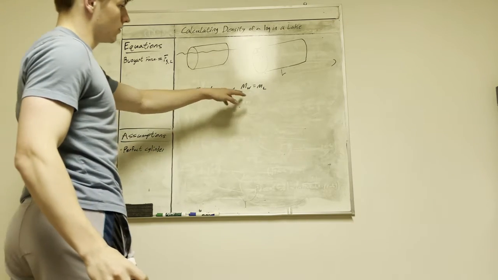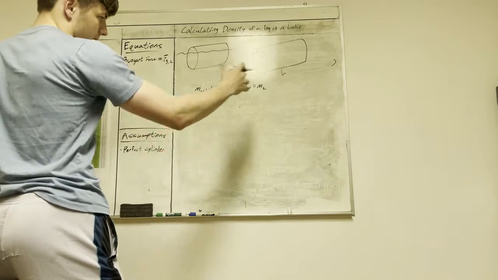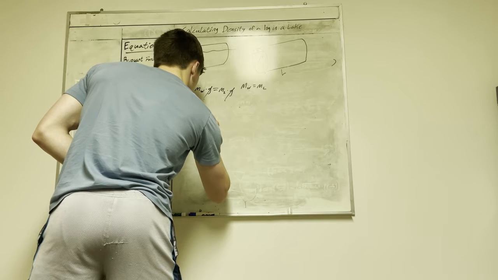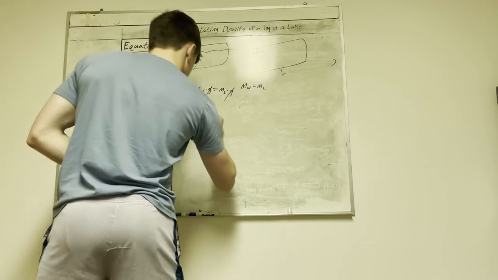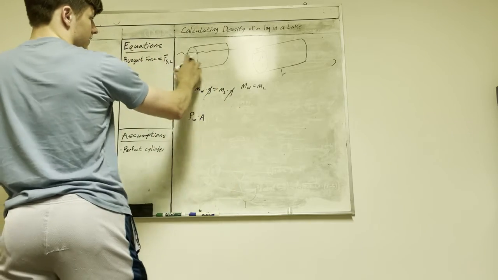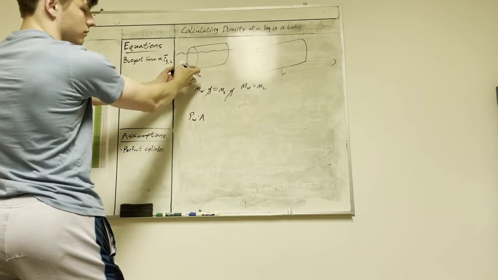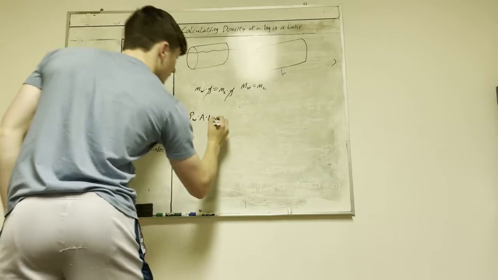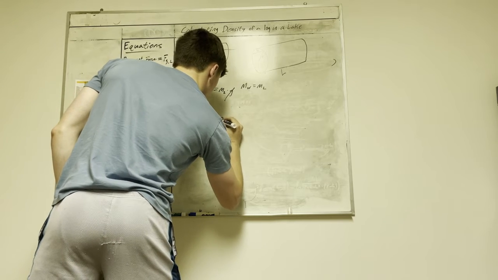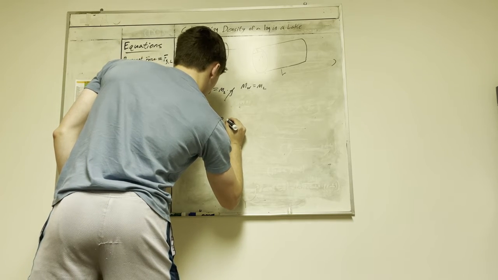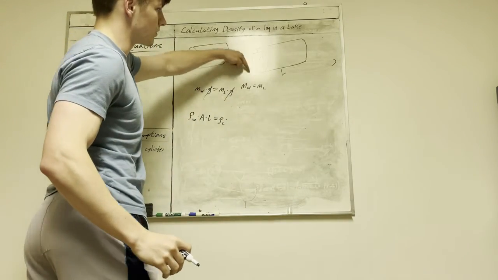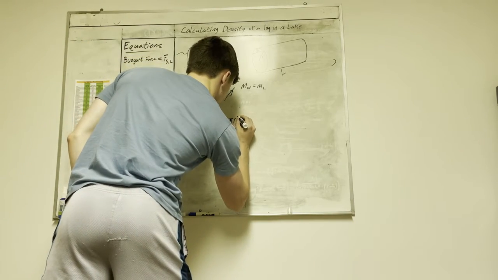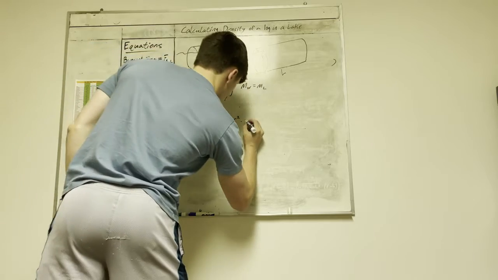Then from here, we can substitute in for m sub w and m sub L. So we're going to have the density of the water times the cross-sectional area, which is any area on the log that is under the water, times the length of the log, is equal to the density of the log times the area, which, since it's the log, is the whole circle, so pi r squared, and then times the length of the log.